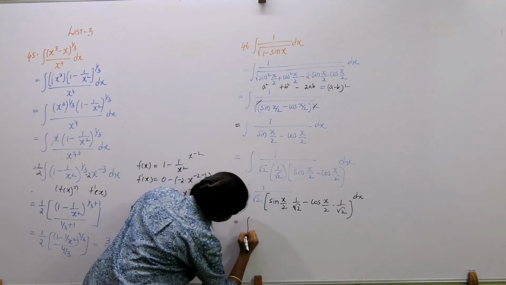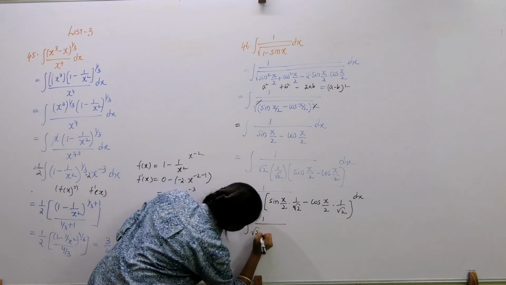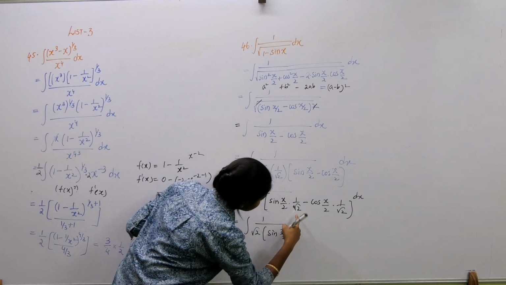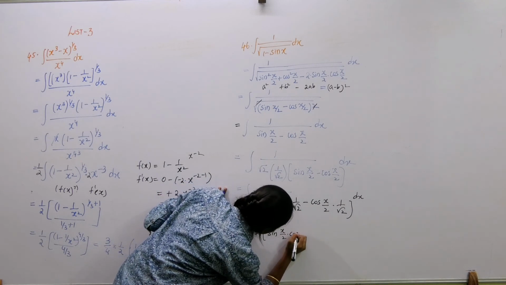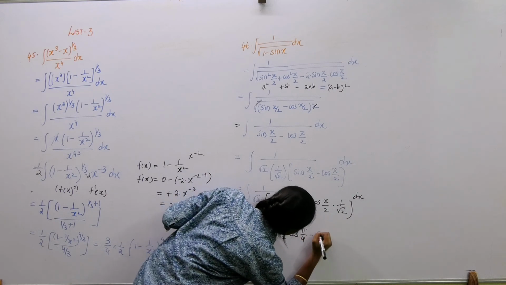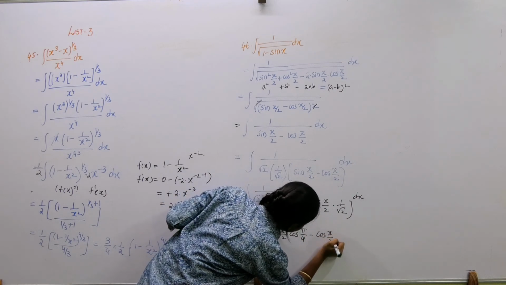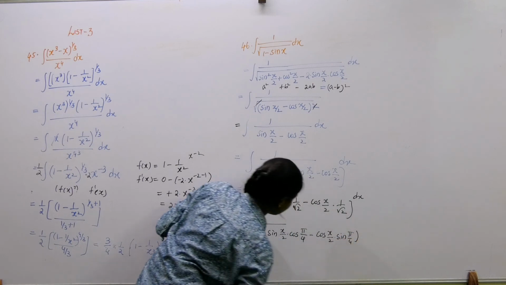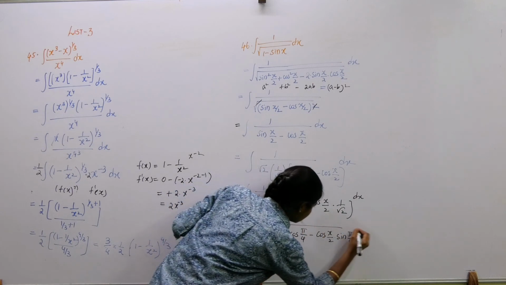It is equal to integral 1 by root 2 into sin x by 2, which can be written as cos pi by 4, minus cos x by 2 into sin pi by 4 dx.